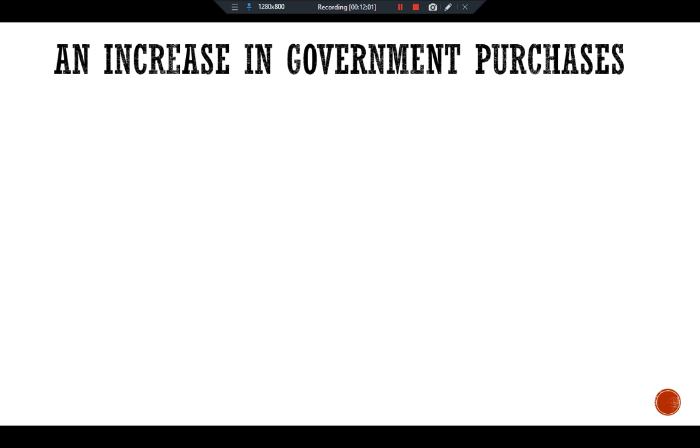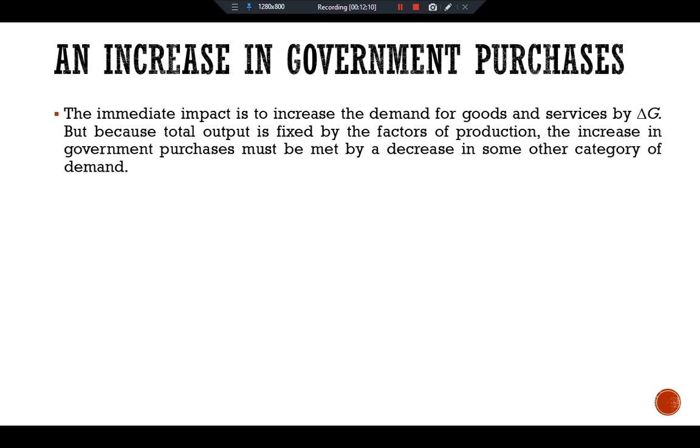Consider first the effects of an increase in government purchases by an amount ΔG. The immediate impact is to increase the demand for goods and services by ΔG, but because total output is fixed by the factors of production, the increase in government purchases must be met by a decrease in some other category of demand.